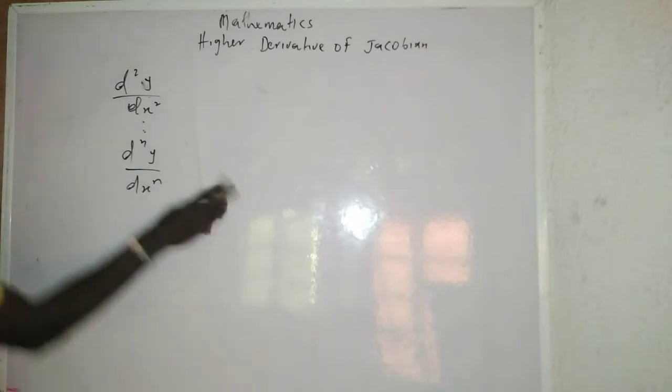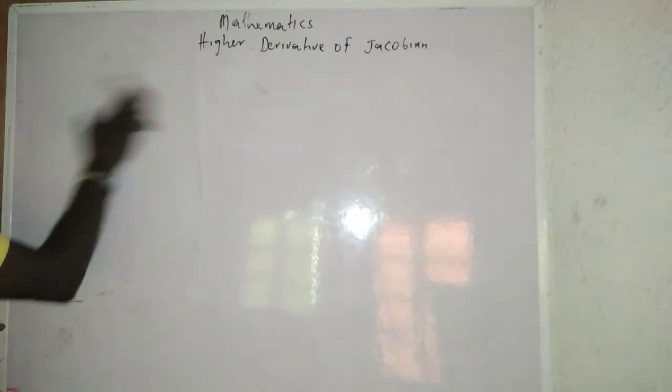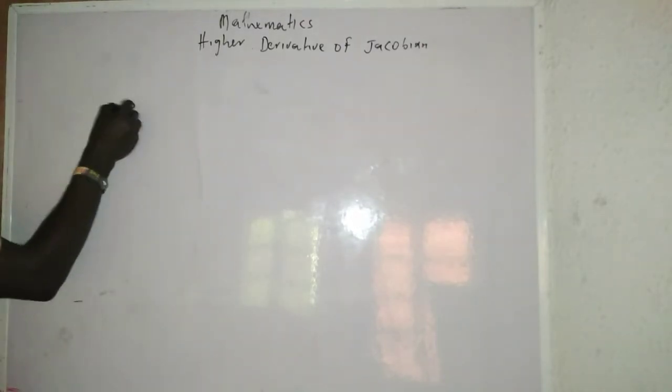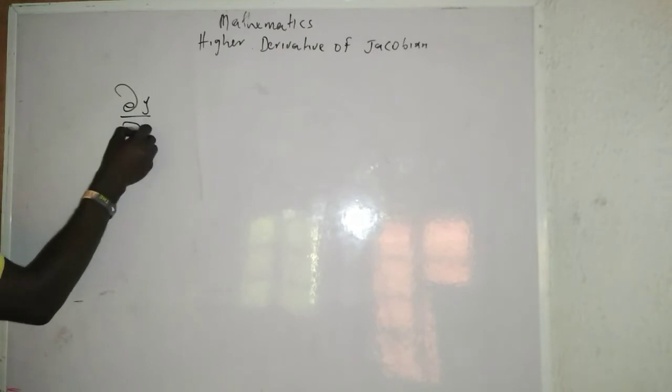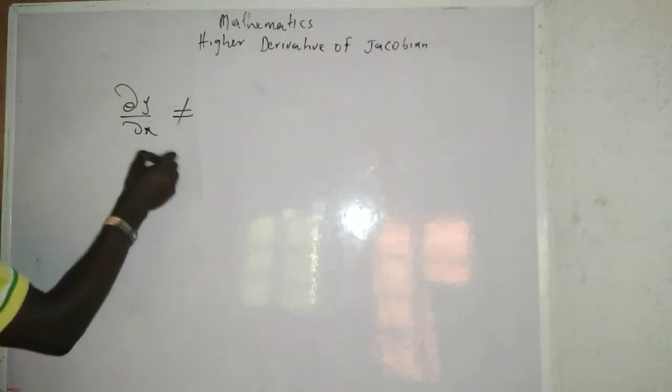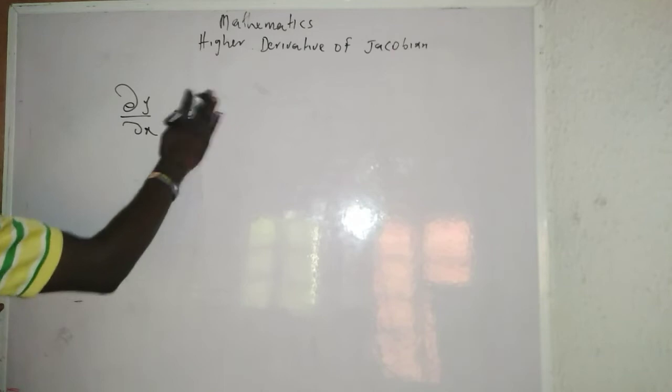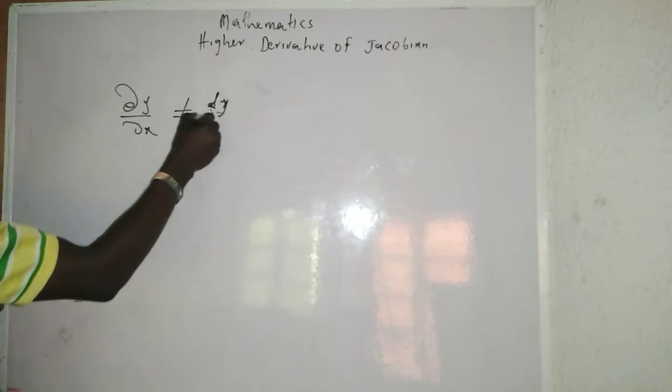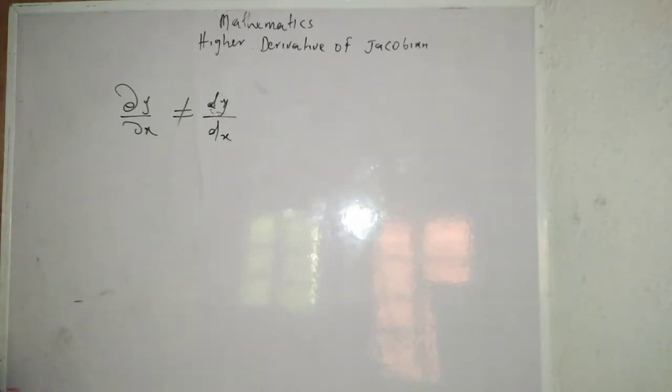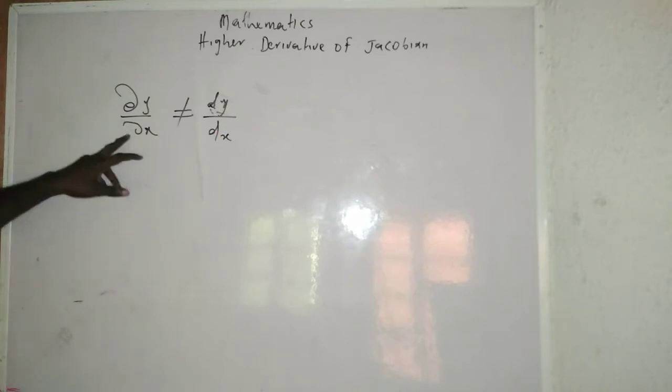Also note that if I'm talking about the total derivative, dy over dx is not the same thing as the partial derivative of y with respect to x. They are very different. This is partial derivative, while that is total derivative.